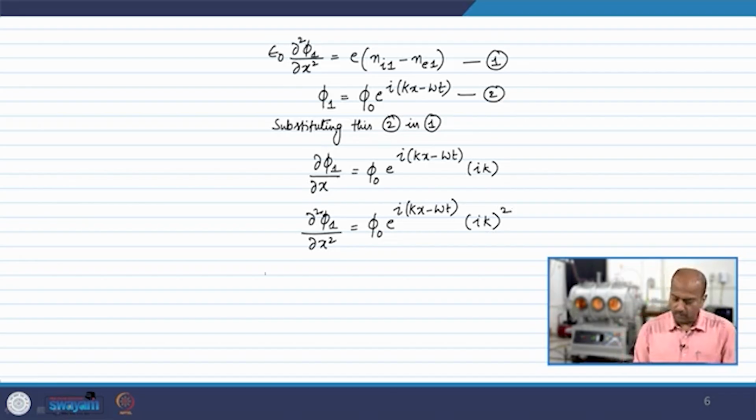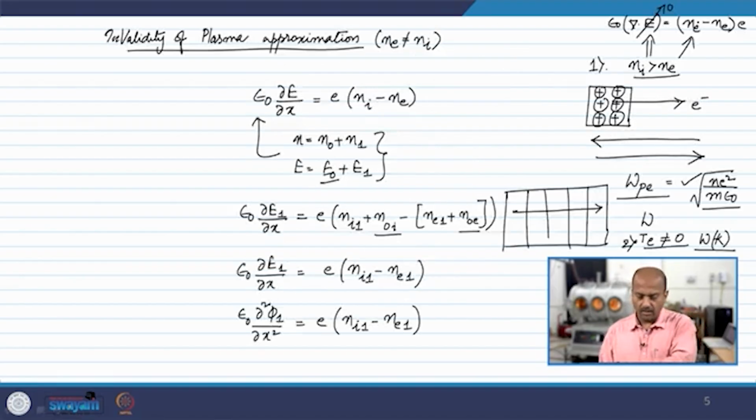Using this, we write epsilon naught (ik) squared phi1 equals e times (n_i1 minus n_e1).